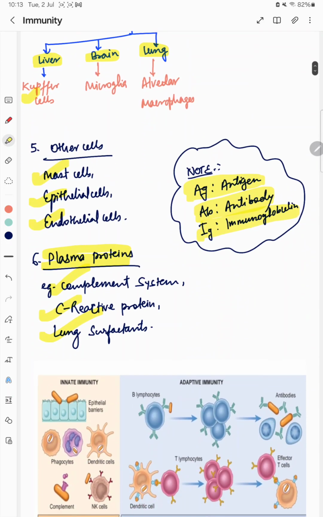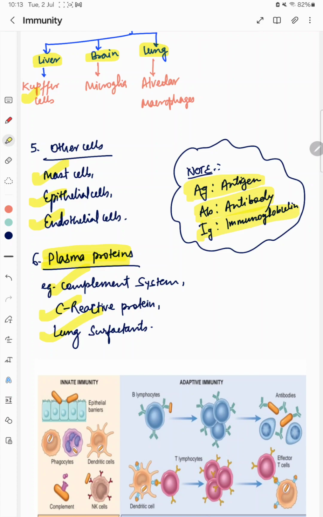Other cells that play an important role in innate immunity are mast cells, epithelial cells and endothelial cells. They release different cytokines and mediators to take part in the immune response. We will discuss them in detail later on.